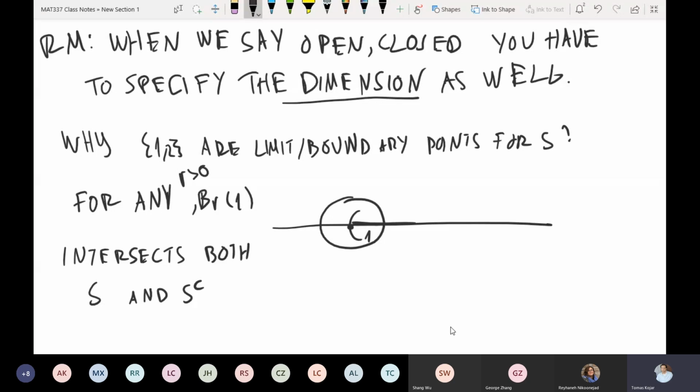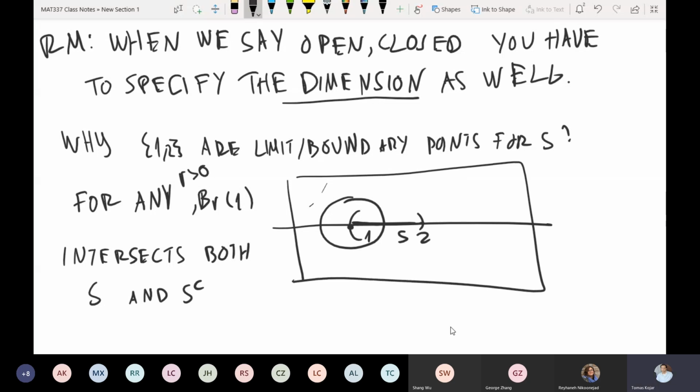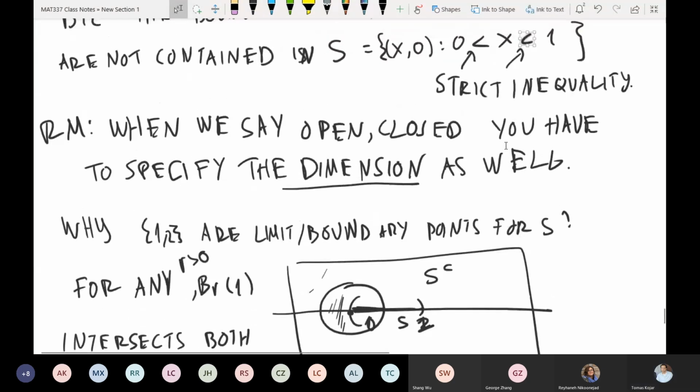So this is S, and this is S complement. It intersects S complement and S, and that was the definition of being a boundary point. Is that okay, Joseph? Oh, yeah, I meant 0 and 1. I'm sorry, I was thinking of the stuff before. Thank you.